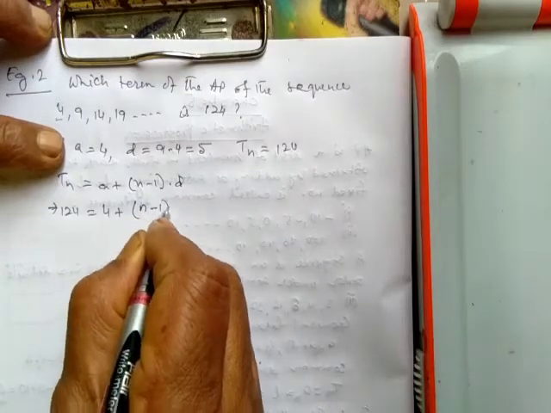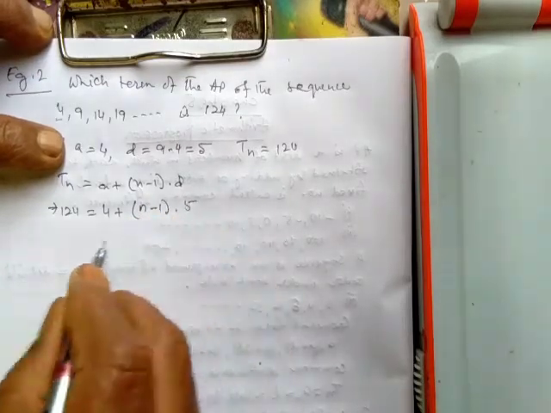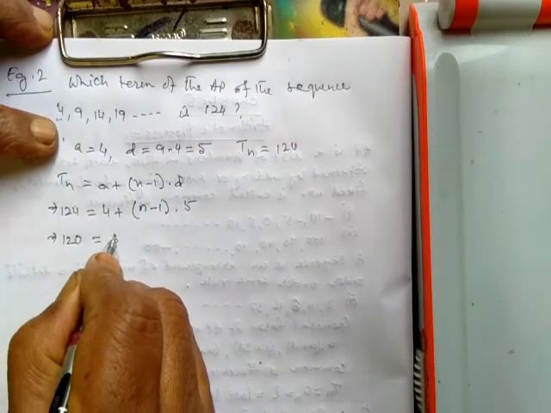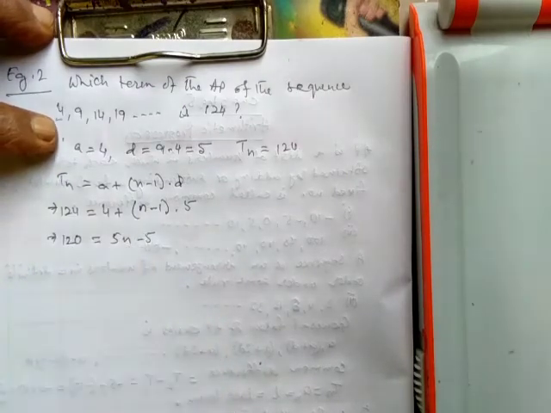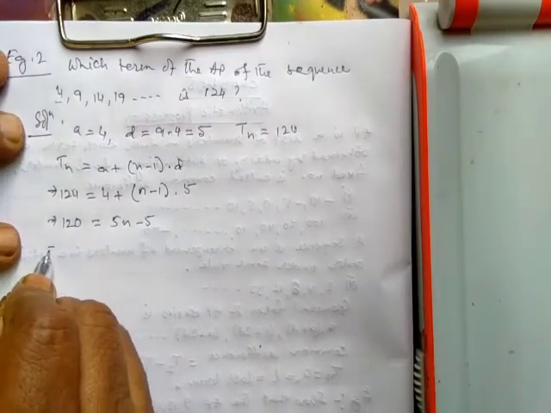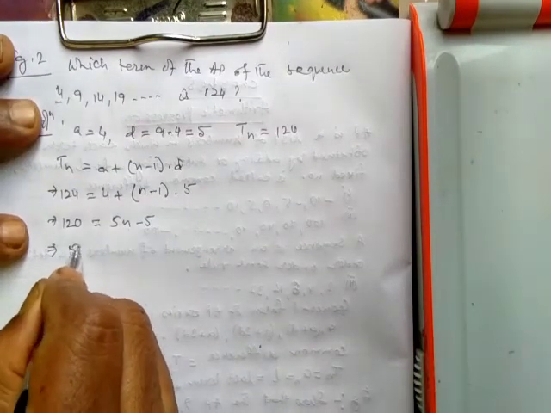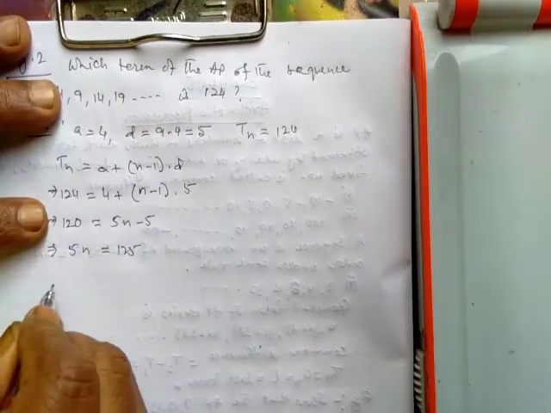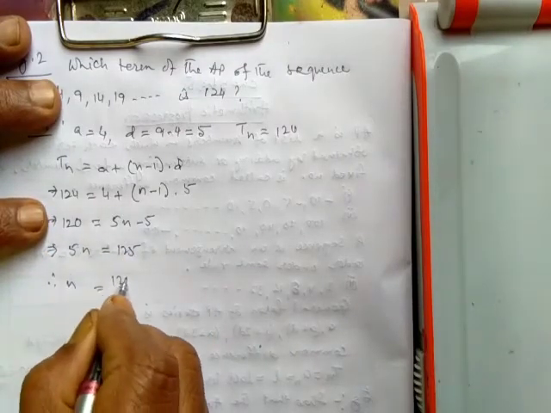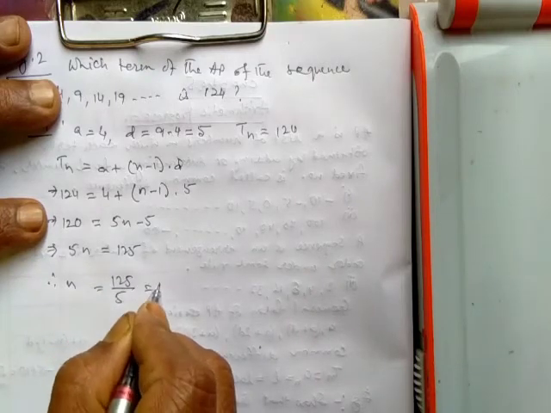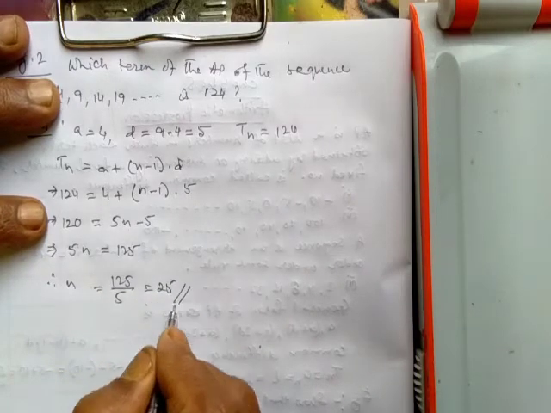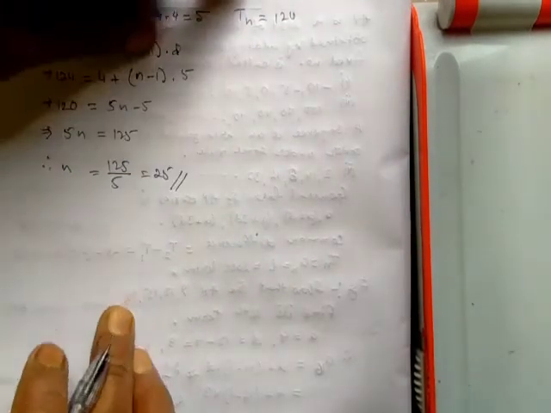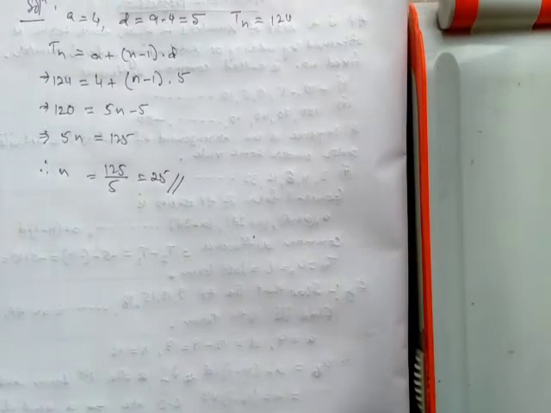This implies 120 is equal to 5n minus 5. So 5n is equal to 125. Therefore n is equal to 125 by 5, which is 25. So the 25th term is the number 124.